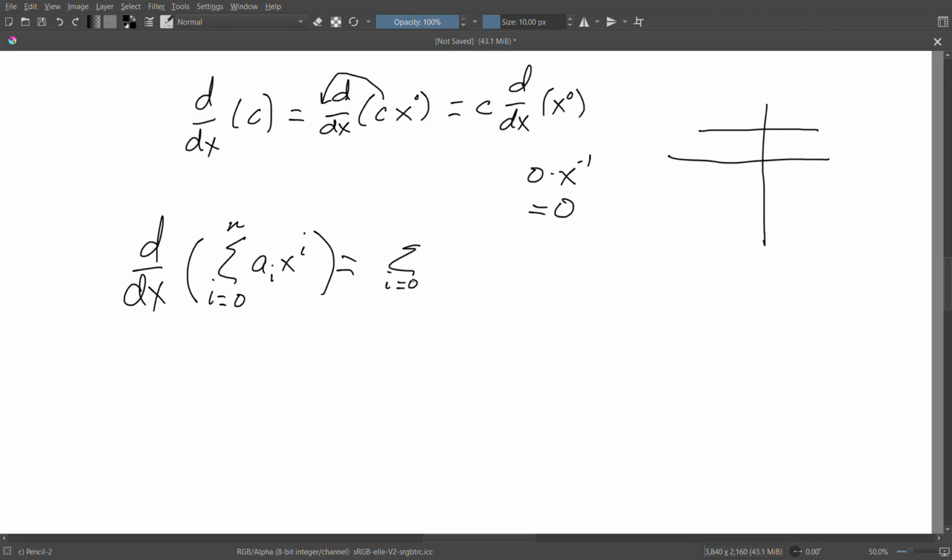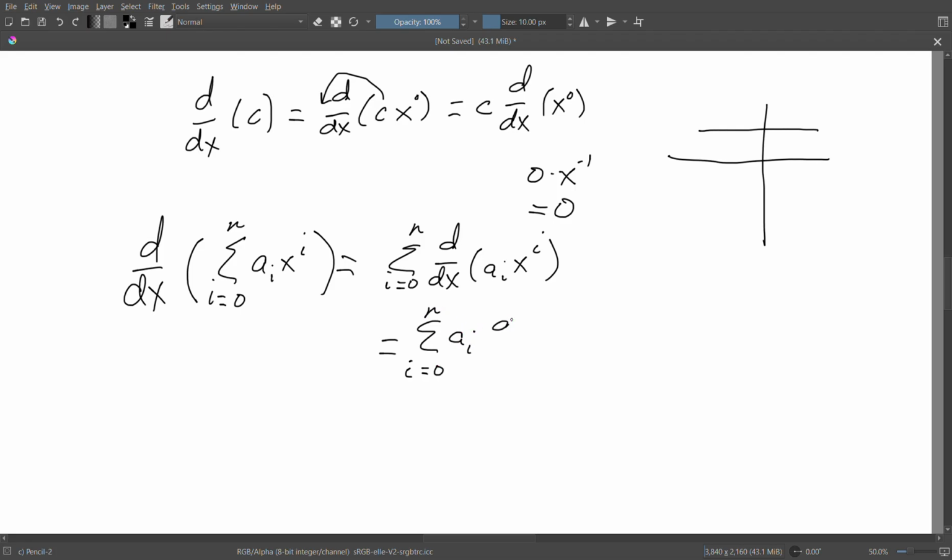It's kind of self-explanatory. This is going to be the sum from i equals 0 to n of the derivative of a_i times x to the i. And then, I guess I also didn't state this, we'll do a lot next time, but I sort of assumed that I could take constants out of the derivative, which is a thing that you can do.